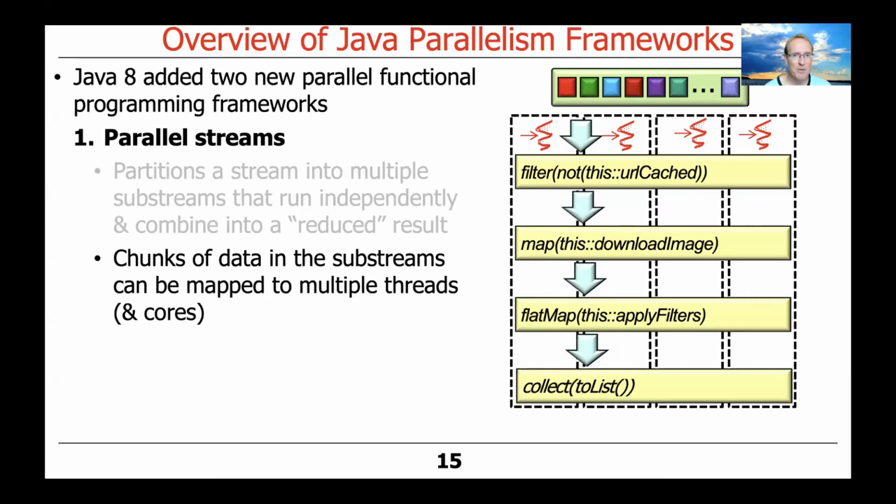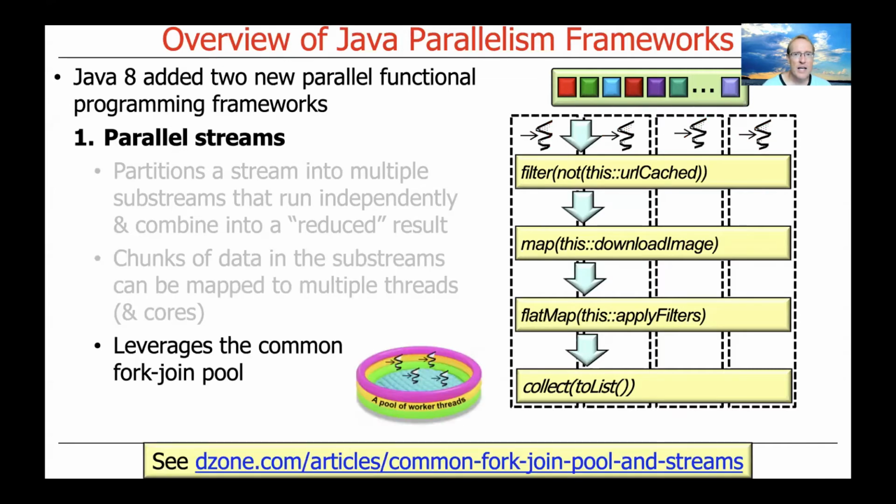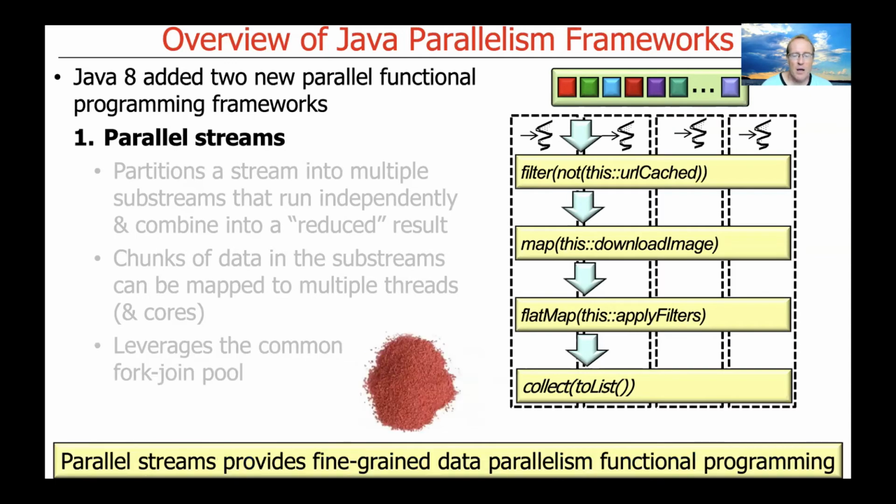And under the hood, as an optimization, the parallel streams framework maps that to the underlying fork join pool, and that's what actually does the computations on the various processor cores using all the work stealing and other cool stuff that the fork join pool framework can do. It leverages a specific type of fork join pool called the common fork join pool. And there, as the name implies, there's one of them, and it's shared by all the different parallel streams within a given application process.